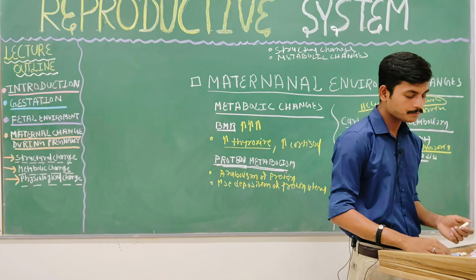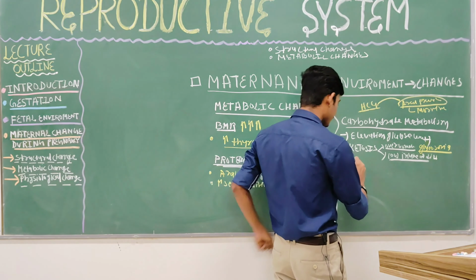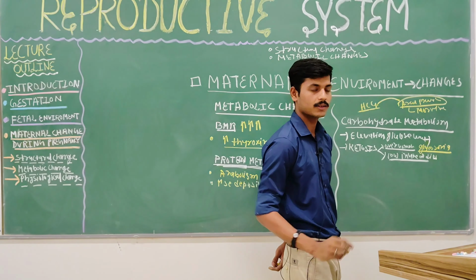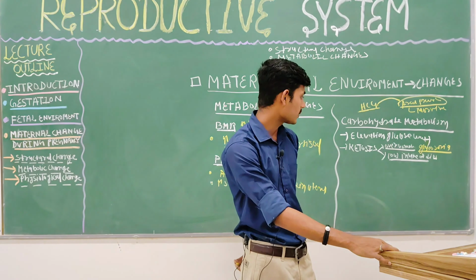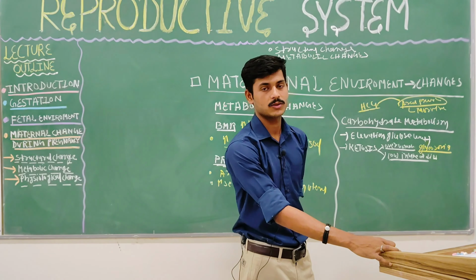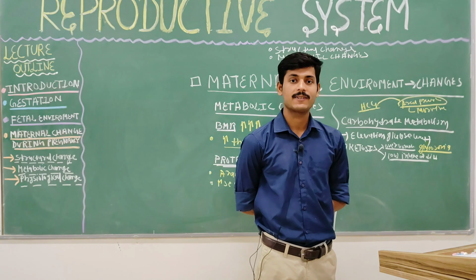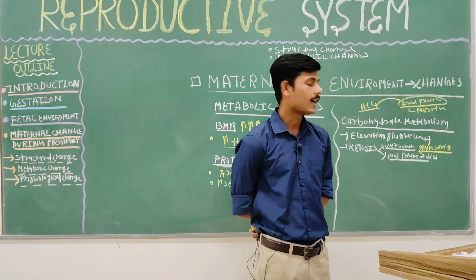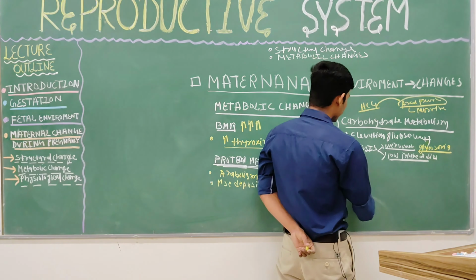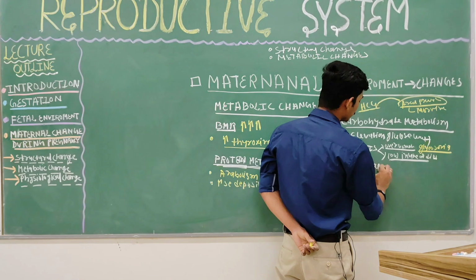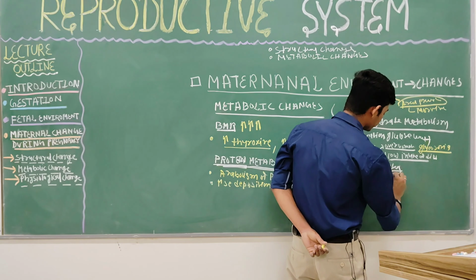Because of all these changes, like the increase in blood sugar level and the ketone body formation, the islets of Langerhans, which contain the beta cells, undergo differentiation or hyperplasia, and that leads to diabetes, also called latent diabetes.